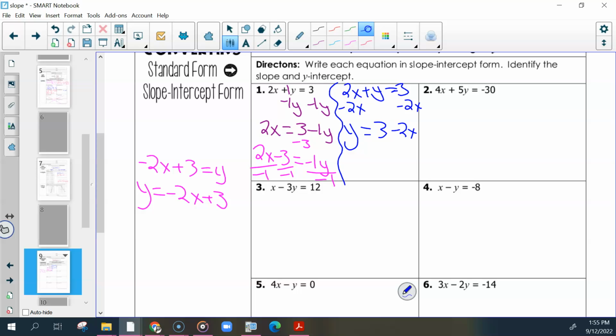I'd have to switch the order of these two, which we can do as long as we keep the signs the same. So y equals negative 2x plus 3 would be your answer regardless. Questions about that one before we move on?